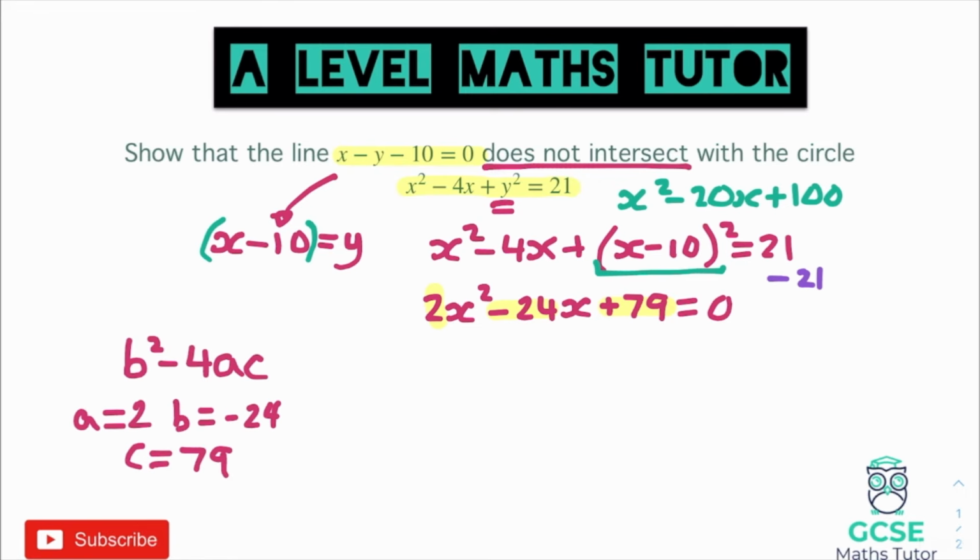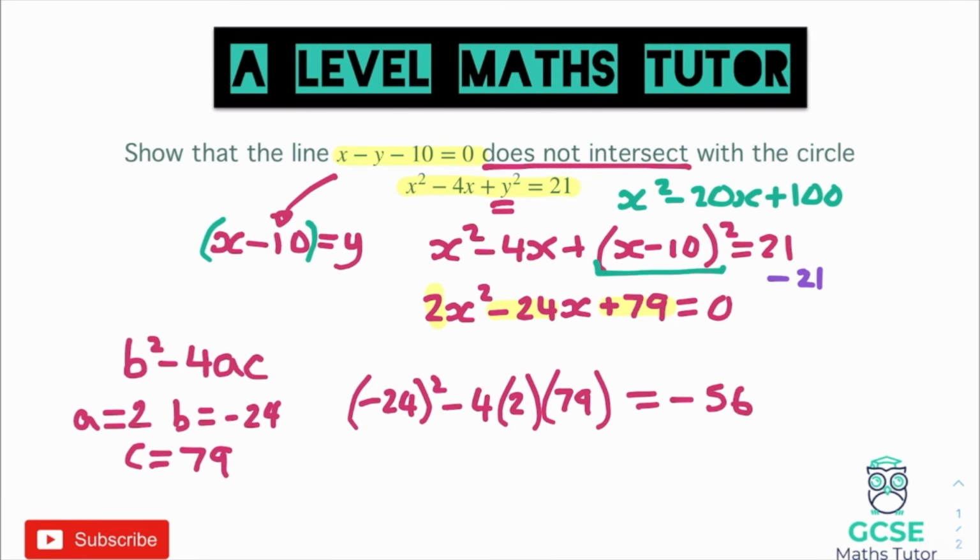Okay, so putting that into b squared minus 4ac, we are going to have negative 24 squared, and take away 4 times 2 times 79. And if we type that into our calculator, negative 24 squared minus 4 times 2 times 79, the answer comes out as minus 56.